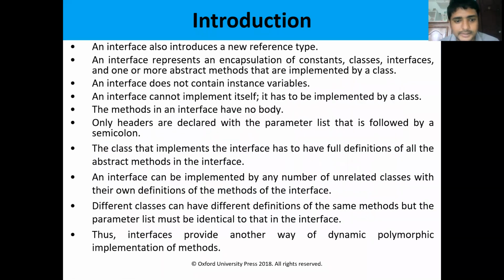An interface also introduces a new reference type. So an interface is nothing but a new reference type, like a class. An interface represents encapsulation of a collection of constants, classes, interfaces, and one or more abstract methods that are implemented by the class.